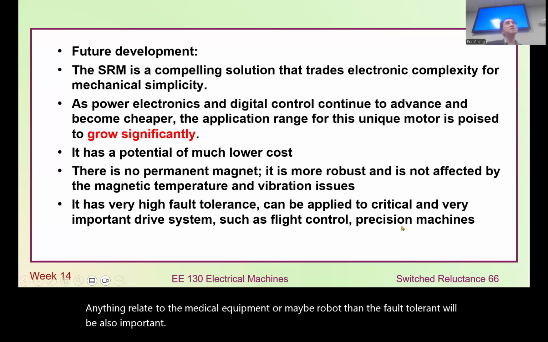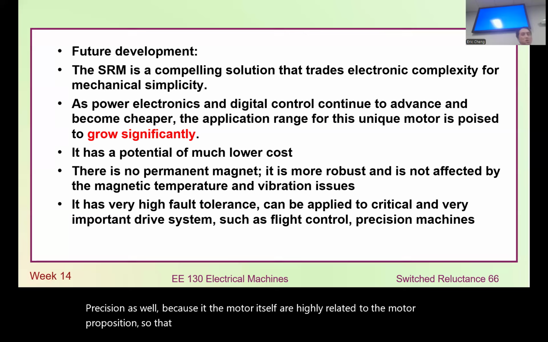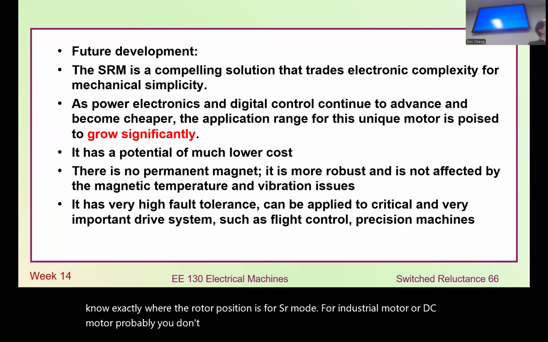Precision as well, because the motor itself is highly related to the rotor position. That means we can have a so-called precision machine. We can know exactly where the rotor position is. For an industrial motor or DC motor, probably you don't know where the rotor is, because it's just a continuously rotating magnetic flux inside the motor.